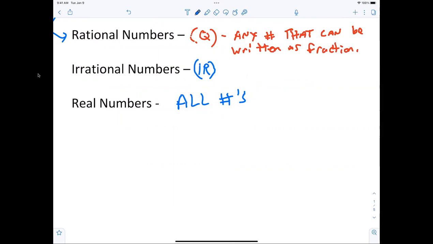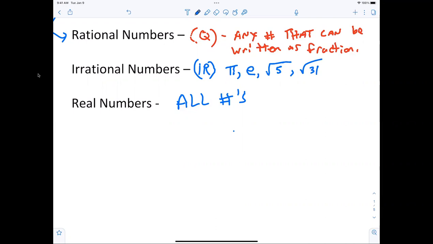Yes, very good. Pi. What else? E. You'll learn about Euler's number when you get into pre-calculus and algebra 2. And then there's also square roots of non-perfect squares. So if I said the square root of 5, or the square root of 31, those would all be examples of irrational numbers.